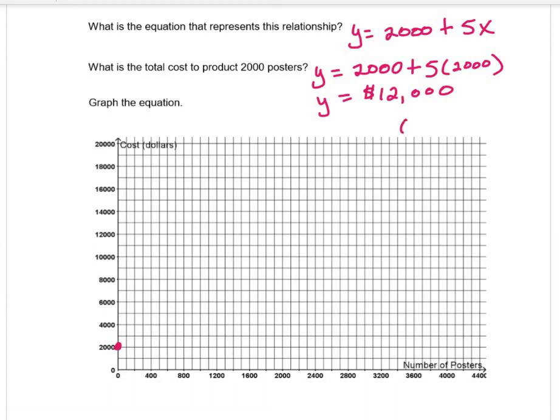We know that the point (2,000, 12,000) is on the graph. So if I go over 2,000 and then up to 12,000, I will get to this point. And then I can connect those 2 points. And that's the graph of my equation.